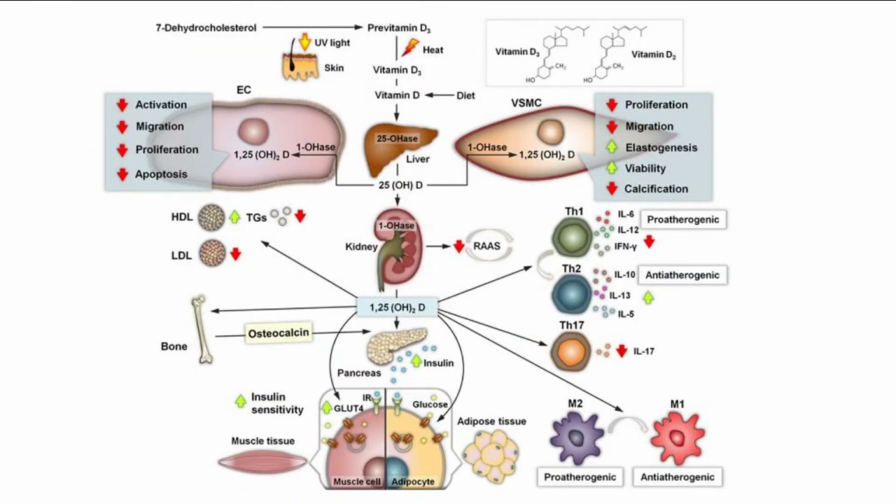Okay, the other variants of vitamin D influence with a lot of receptors, and they influence the adipose tissue and muscle tissue, and activation, proliferation, migration, and apoptosis are also decreased.